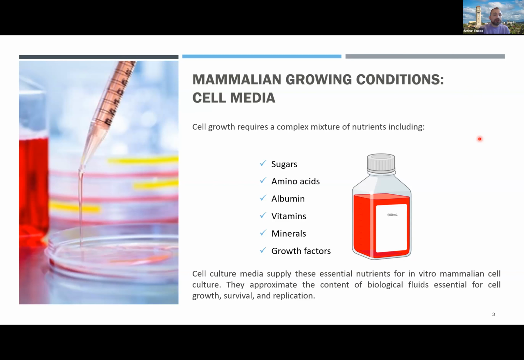These are ingredients that are key to fortify cells and keep them in a comfortable environment, given that growing on a plate is not necessarily the normal environment in which cells will actually grow. So these media provide them with the essential nutrients for them to be able to grow and replicate. And they try to approximate the content of biological fluids that are essential for the growth, survival, and replication process.